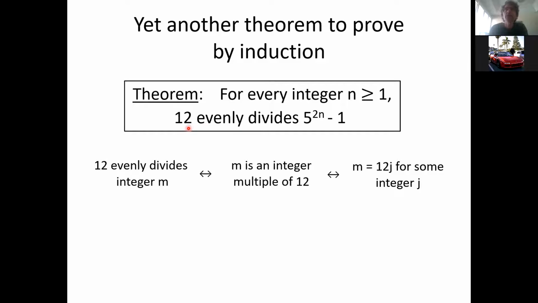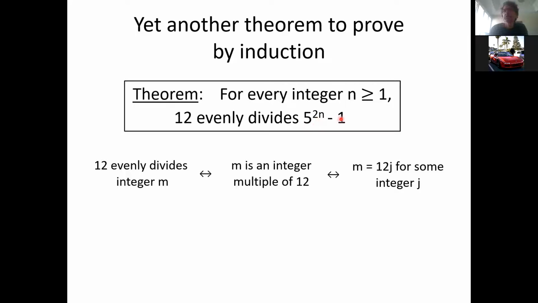Let's say I want to show that some arithmetic expressions like this are always divisible by 12. You can test it for small n. It's actually true for any integer.